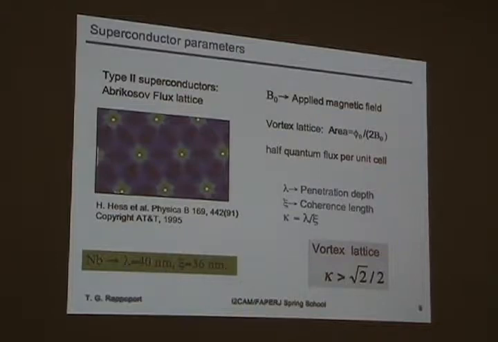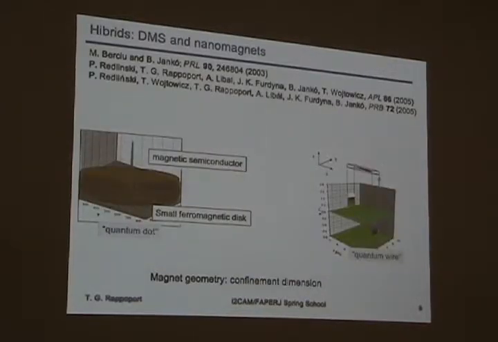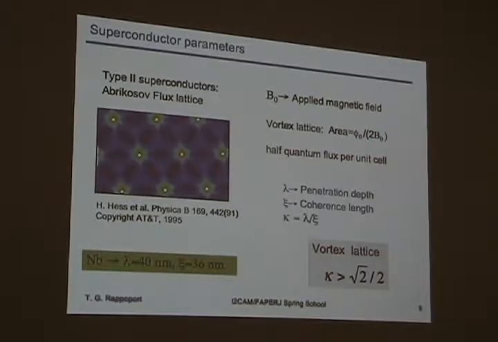And now, instead of using these magnets, we would like to use a superconductor in a vortex state. A superconductor has 2 important parameters: the penetration depth, which is related to how much the magnetic field can penetrate in a superconductor, and the coherence length, which is related to the size of the Cooper pair.